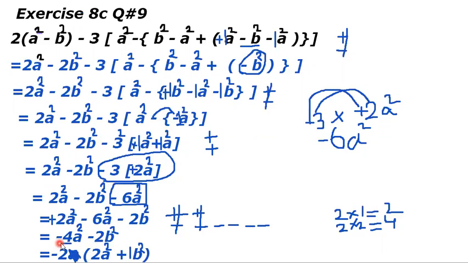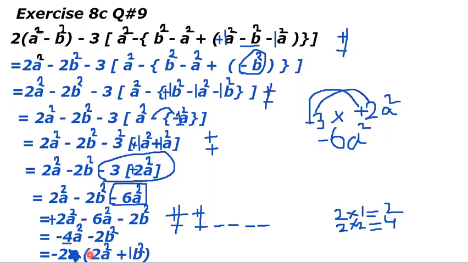When we take the negative sign outside, the signs inside the parenthesis have to change, since there is a negative sign outside the parenthesis when we introduce it. Now negative 4a square has a negative sign, it becomes a positive sign.